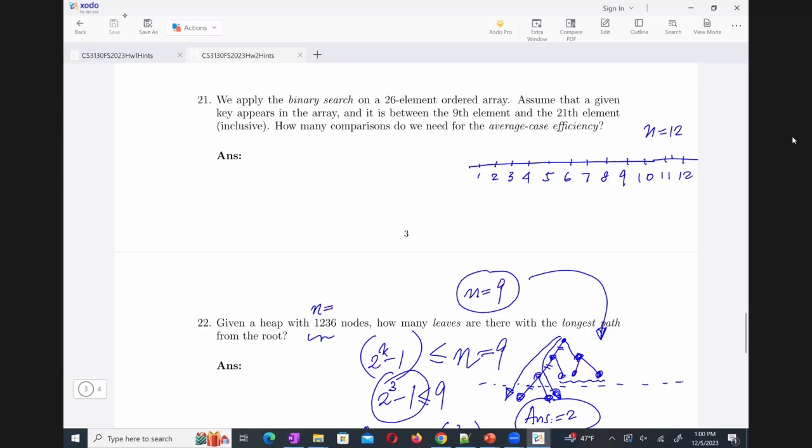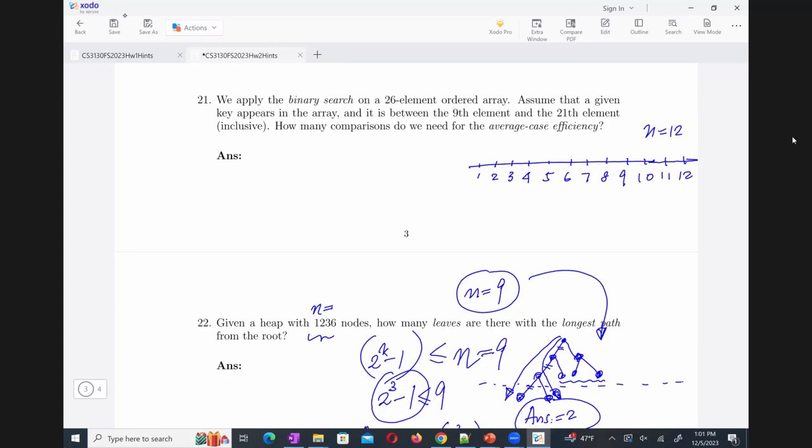Let's run the binary search and draw the binary tree that corresponds to it. Remember, we need to use the median. We define left median and right median.